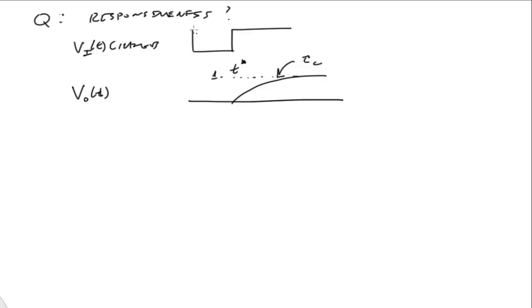If the magnitude of my step is 1, it'll eventually reach 1 because, of course, for DC signals we already noticed that the amplification at omega equal to 0 is equal to 1, right? So we expect the same amplitude to come out of it. But there is a slowness to respond.